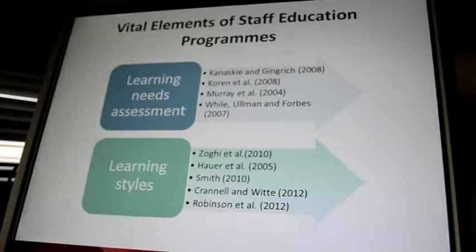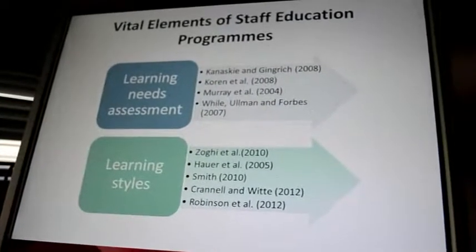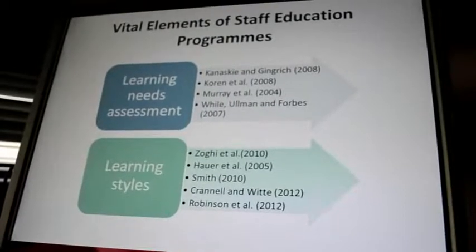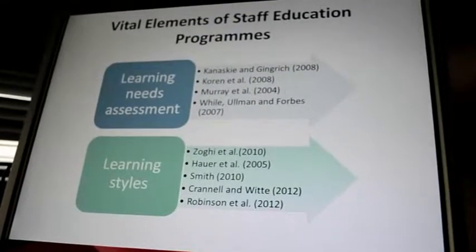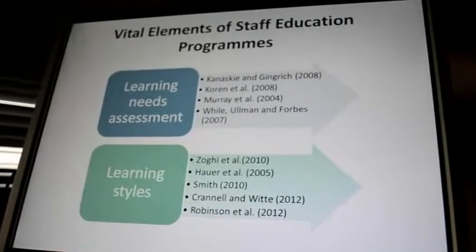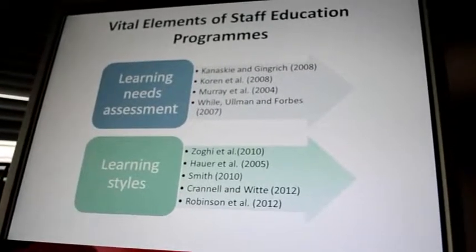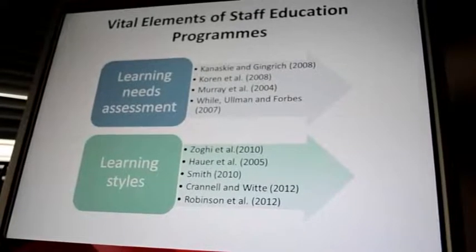This study is significant to the current research because it provides guidance on how to develop appropriate, responsive and learner-validated education programs. While Ullman and Forbes 2007 developed a methodology to establish a valid learning needs assessment scale, they designed a psychometric approach with 3 phases of development and testing the assessment scale.